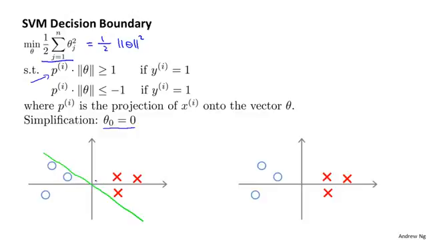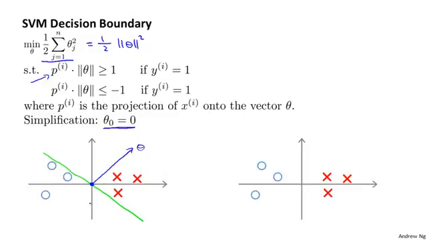For this choice of parameters, it's possible to show that the parameter vector theta is actually at 90 degrees to the decision boundary. And so that green decision boundary corresponds to a parameter vector theta that points in that direction. By the way, the simplification that theta 0 equals 0 just means that the decision boundary has to pass through the origin (0, 0) over there.